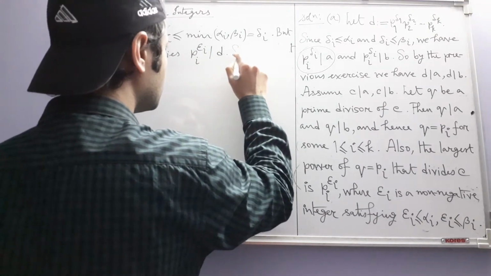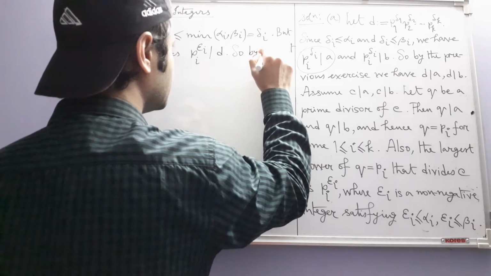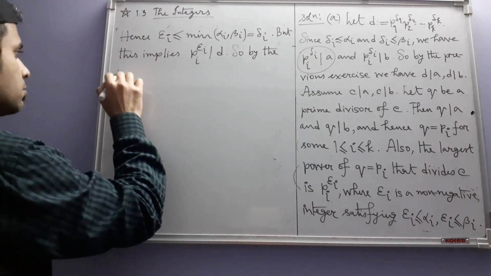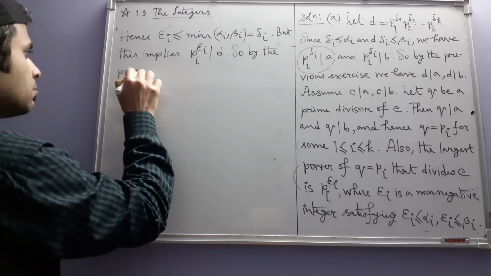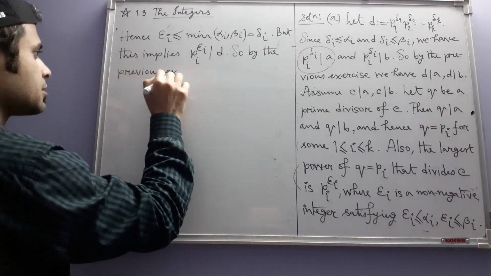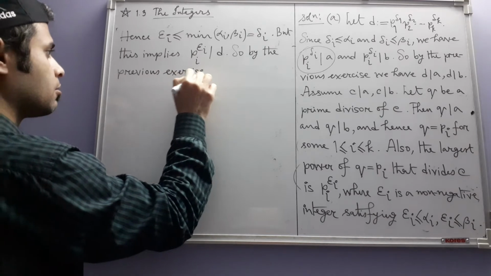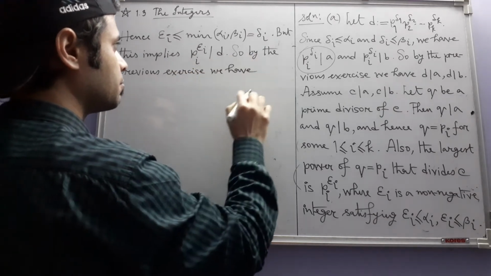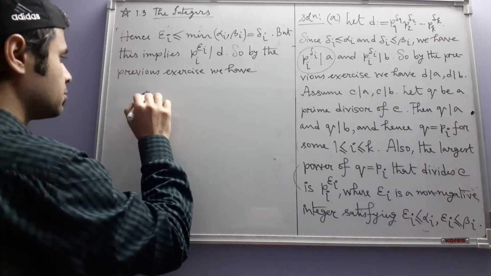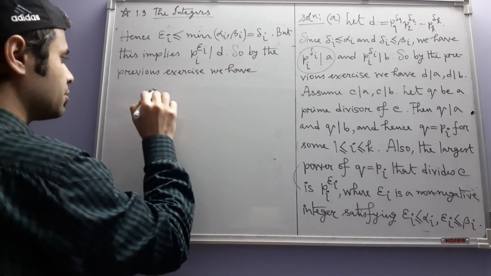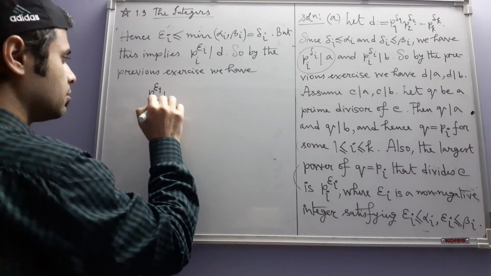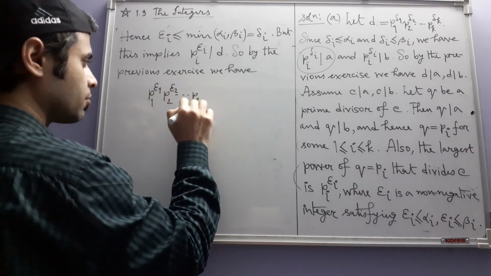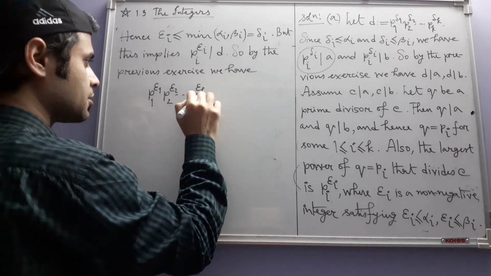So, by the previous exercise, we have this: p1 to the power epsilon 1, p2 to the power epsilon 2, up to pk to the power epsilon k.